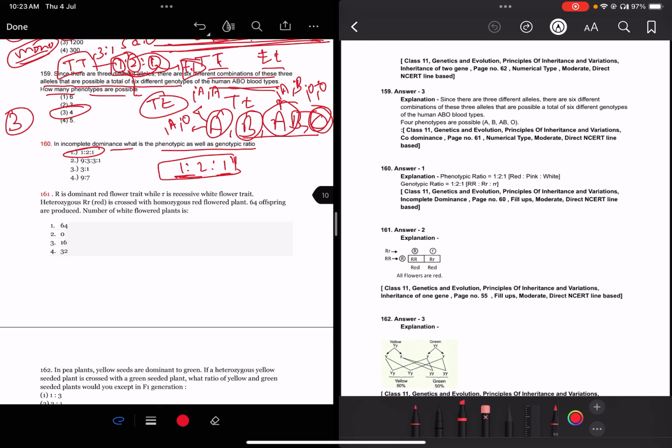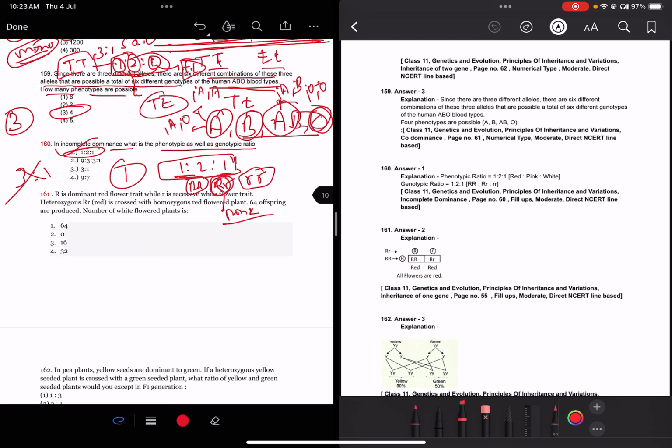Red, pink, white. So the phenotypic ratio is also 1:2:1, not 3:1.